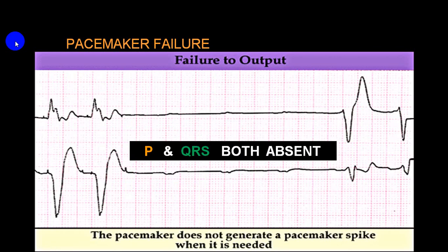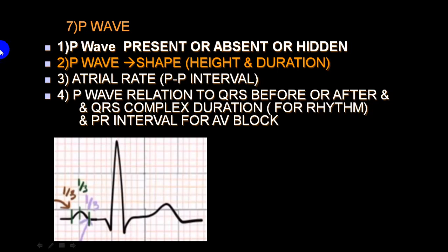Again, you can't make out P wave and QRS complex, so you call that absence of P wave and QRS complex because of pacemaker failure. Now say we take it for granted P wave is present. How do you look at that? Now we look at the shape by looking at the height and duration.